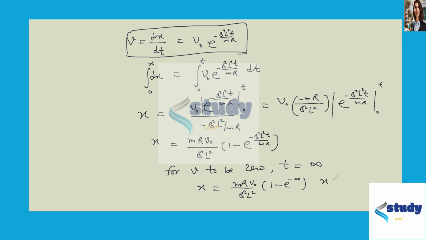So finally, this distance gets a form of m R v naught divided by B square L square. This is the final answer for the displacement of the bar when its speed will finally reduce to 0.